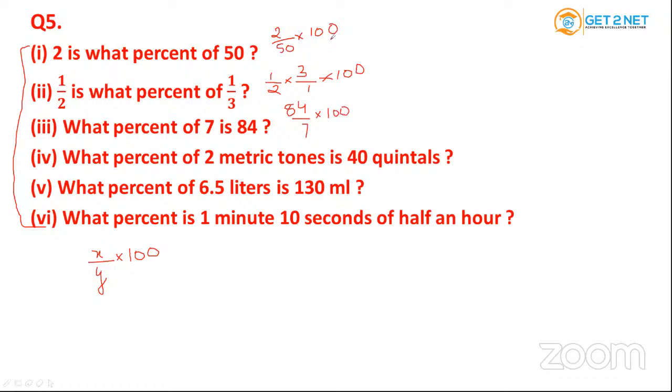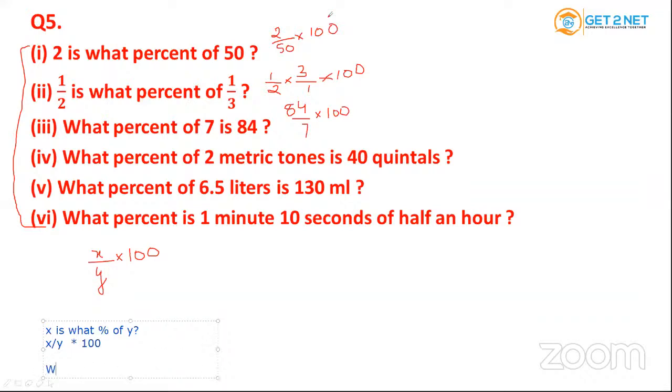Okay. Just let me write it here so that you will be able to grab. Suppose the question is asked, X is what percentage of Y? So your answer would be X divided by Y into 100.